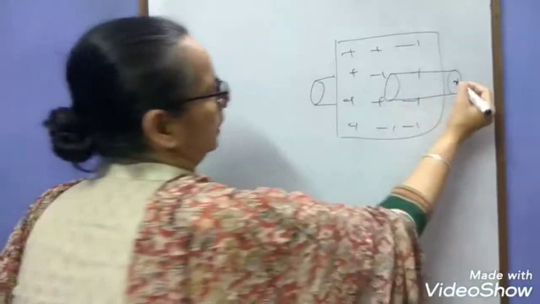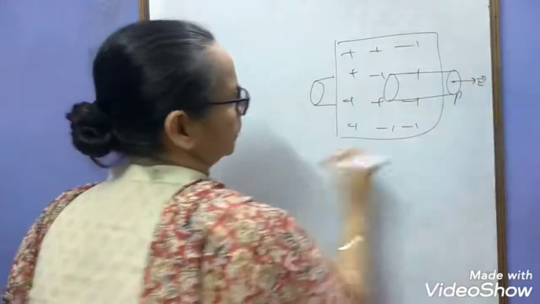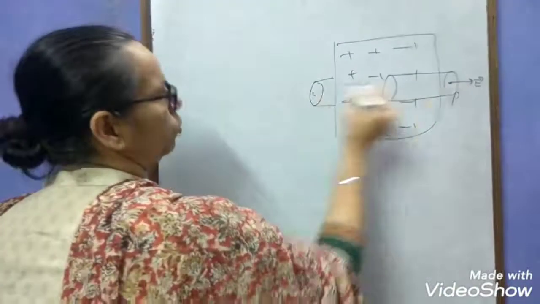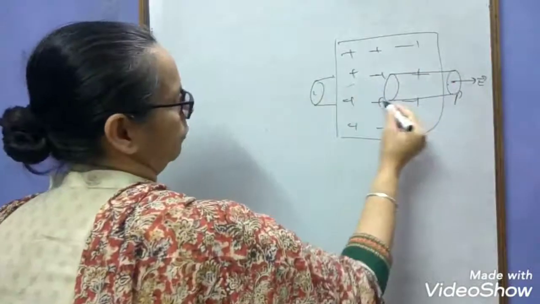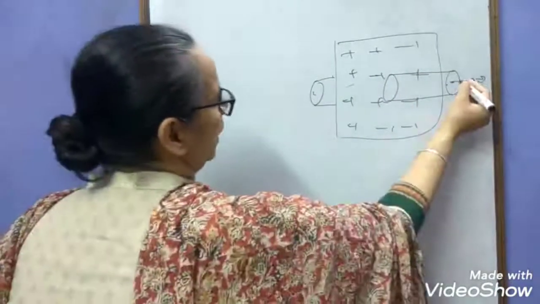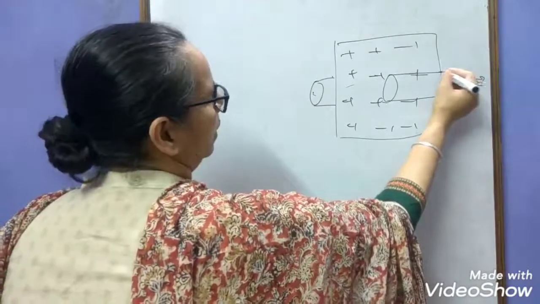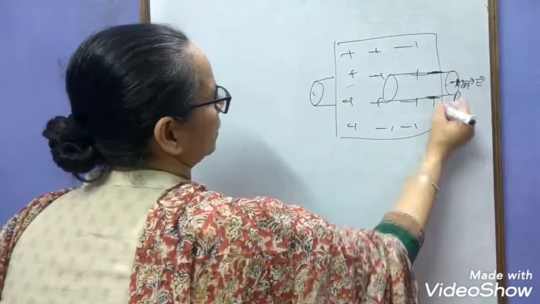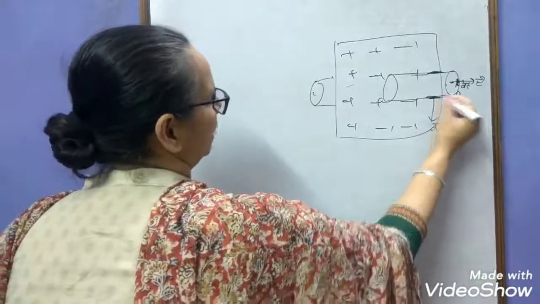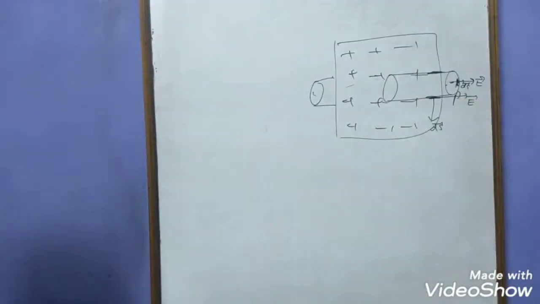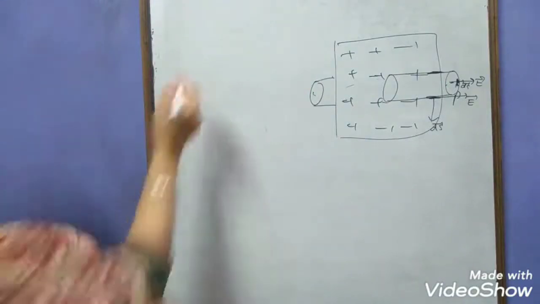Now here, the electric field contributes only at the two ends, not on the curved portion. Again, the same. If we apply here the area vector, they are parallel. But if we apply at the curved surface, the area vector will become perpendicular to the electric field. So here, what should be the total flux?